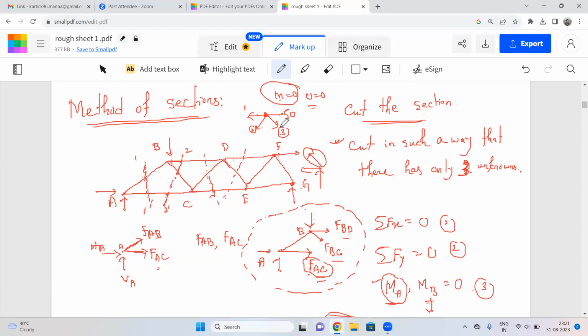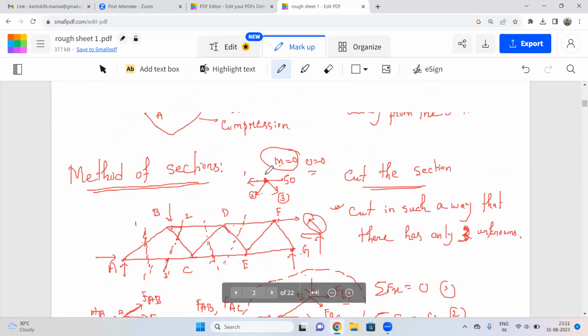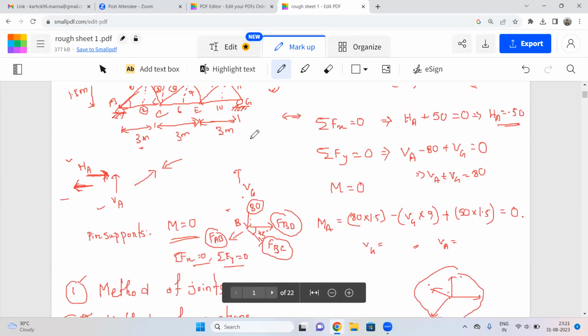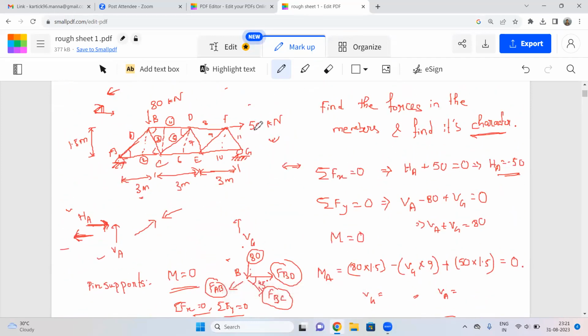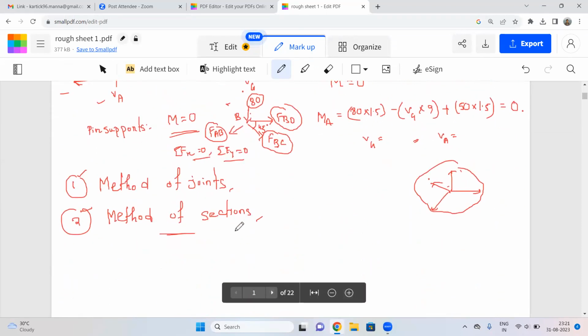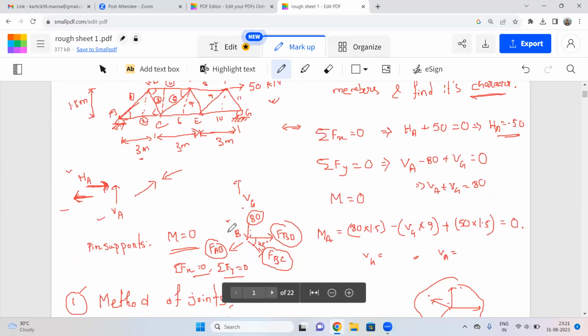That's why method of section is more important than method of joints. So what we will do, we will solve this question for all the members using both the method of joints and method of sections. That will be a good practice.